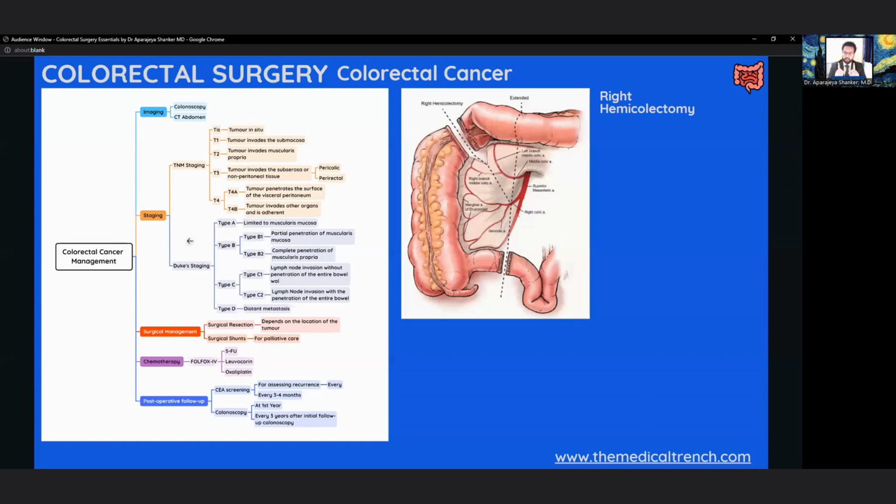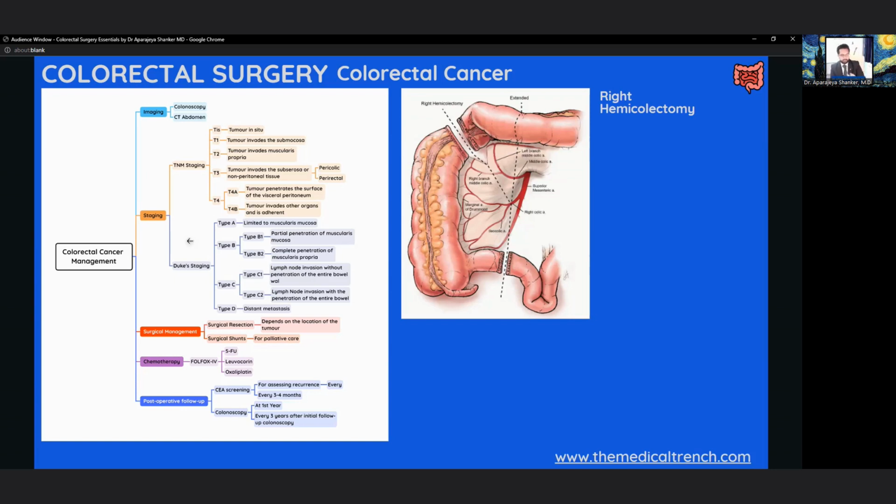Now, what kind of operation we do depends entirely on where the tumor is located, right? And on its staging. So in this slide, you're going to see two areas of staging, right? One is the TNM classification, which is classic TNM, T1, T2, T3, T4, N1, N2, M1, M2, right? But there's a very important type of staging called Duke's staging.